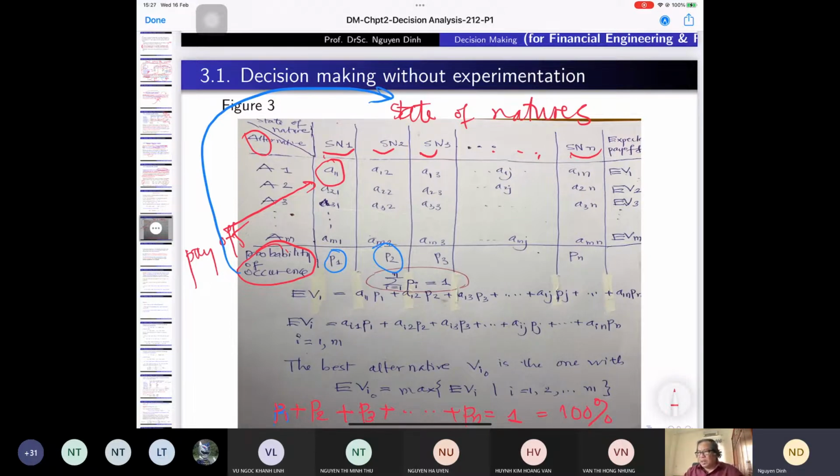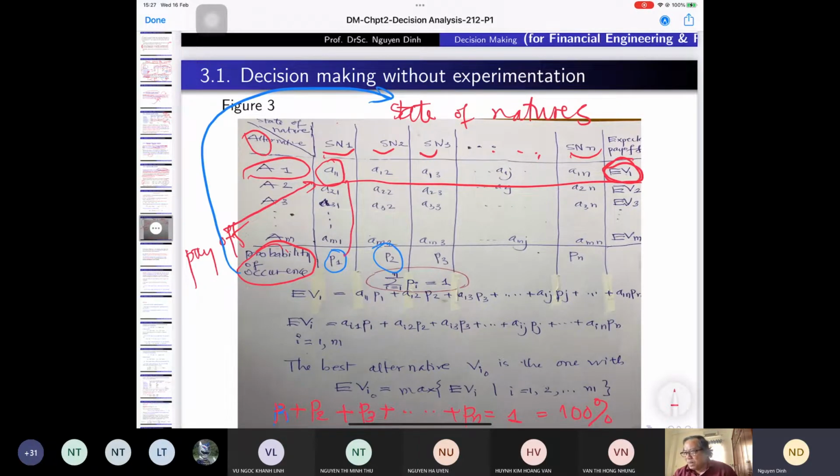And if you have this table, how can you calculate the expected value? The expected value of A1, you look at the first row. Expected value of A1 is equal to what?